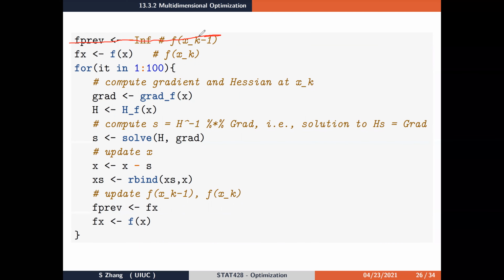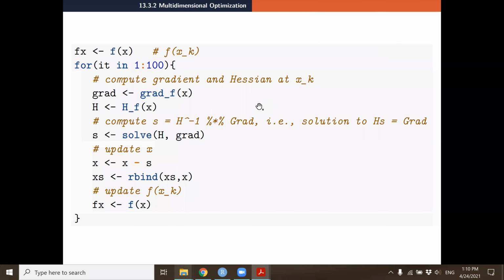So this line is not needed and this line is not needed either. Actually, let me pause here and just update the slides. Okay, so sorry for the inconvenience. I've deleted the redundant code. So now this is the code for implementing the Newton-Raphson for this example.